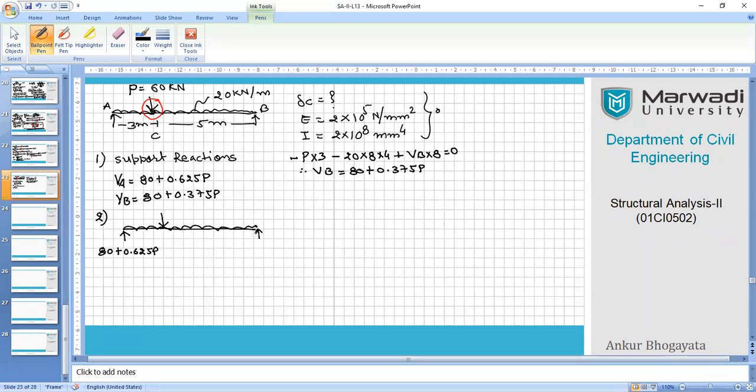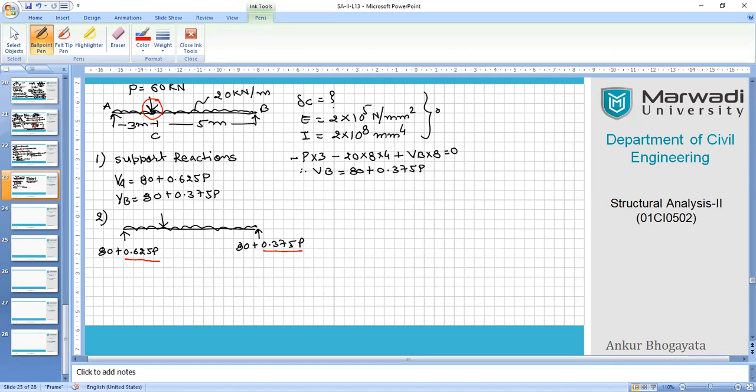Right. 80 plus 0.375. Now, as you can observe here, what is an interesting point to be observed as an engineer is that the division of P force is quite logical, right? They are nothing but the proportion.